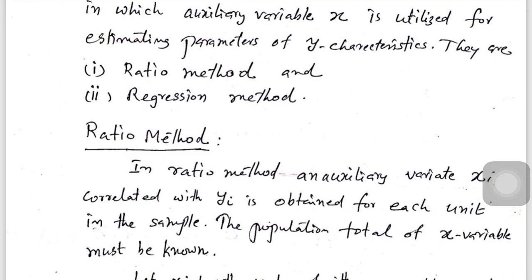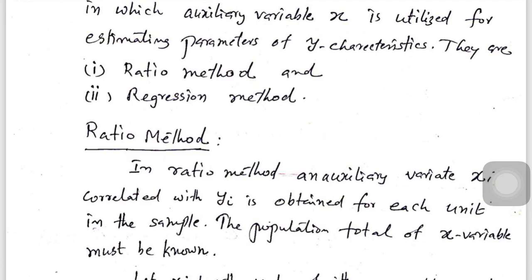And we will collect data not only on the main variable but on the auxiliary variable also. That means you will have some y values and you will have some x values.